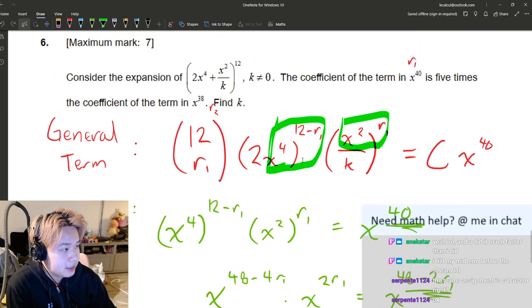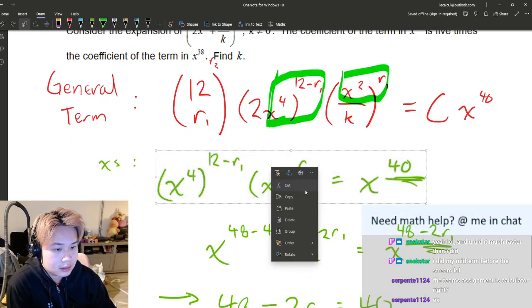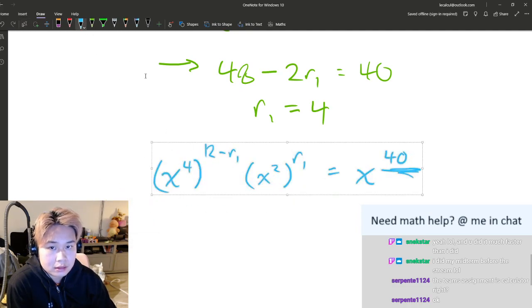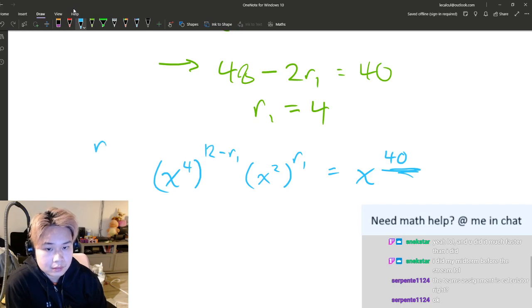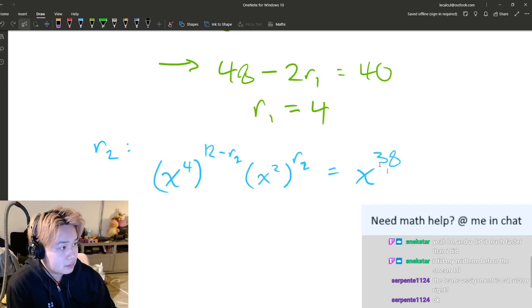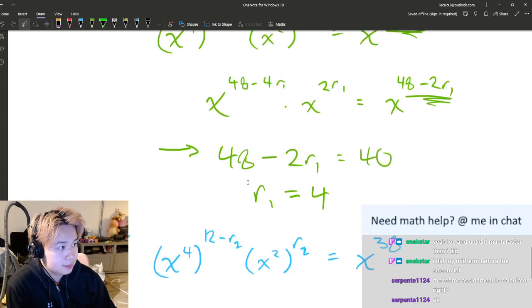So next up, we need to repeat this process, and I need to find r2. So here we go again. Copy. Because it's the exact same formula, right?